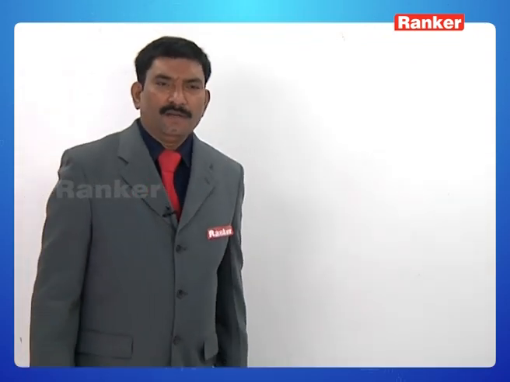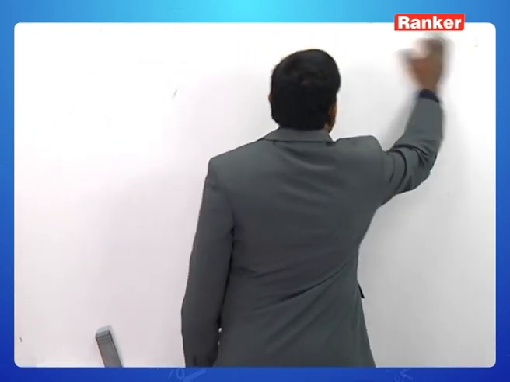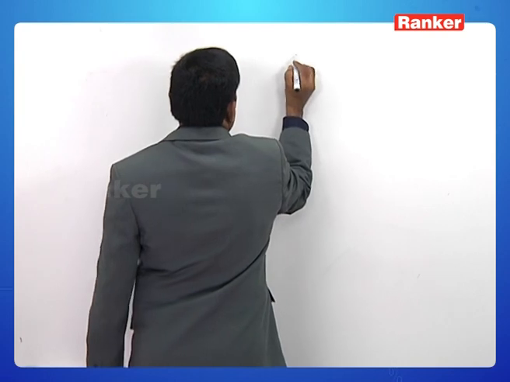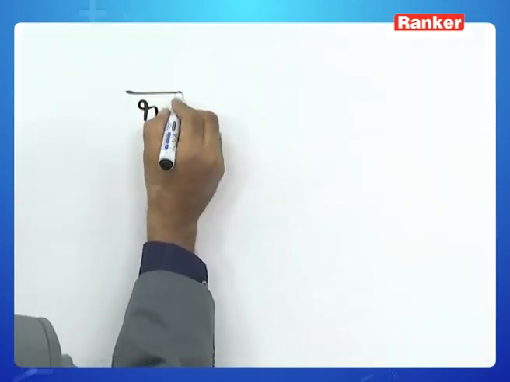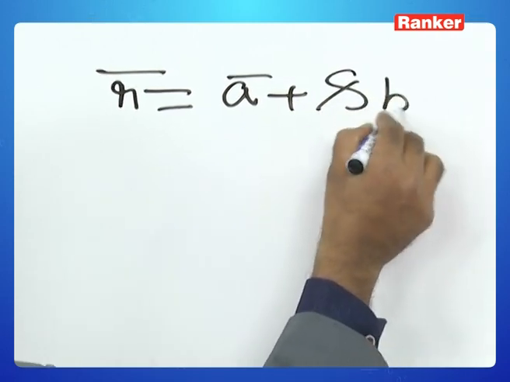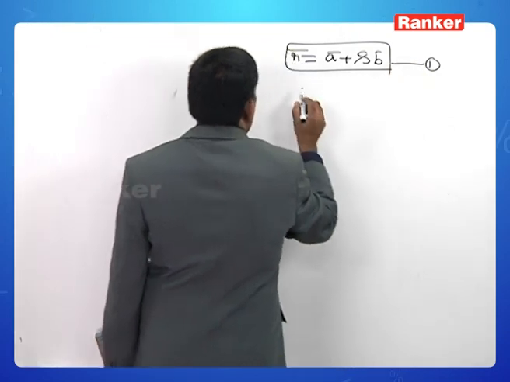Students, let us see what types of vector equations of lines and planes we discussed. We discussed the vector equation of a straight line passing through the point A bar and parallel to the vector B bar. This is one.